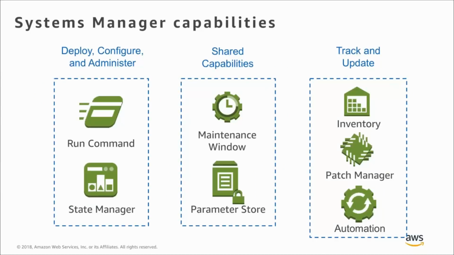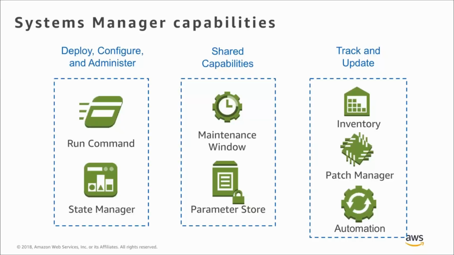We have Run Command and State Manager, which allow you to deploy, configure and administer your Windows instances. We have some shared capabilities: the maintenance window and the Parameter Store, which is a way to securely store parameters that might have sensitive information. And then the inventory component, Patch Manager, and automation, which are used to track and update your instances.